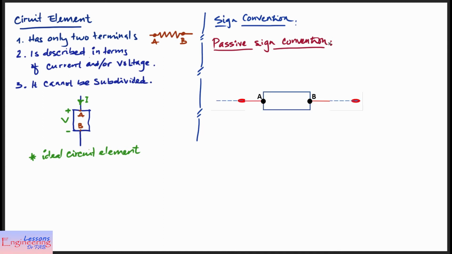So passive sign convention states that the direction of current flow is in the voltage drop direction, so from high voltage to low voltage.